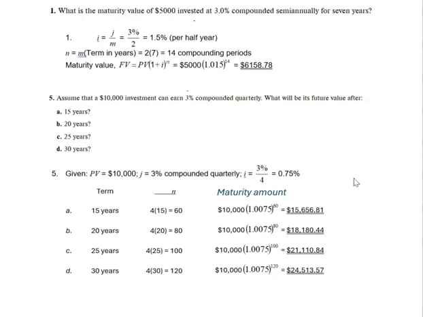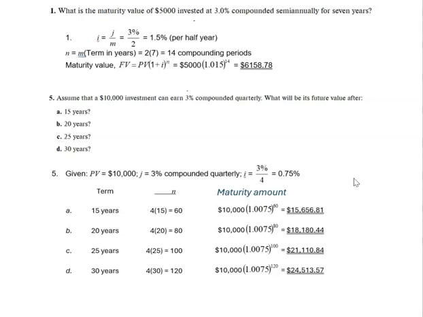i is equal to your j divided by m, and that gives you 0.75%. So we're going to fit that into our equation. So we need to figure out what our n is. For the first one, it's going to be your quarterly, so 4 multiplied by 15 years.